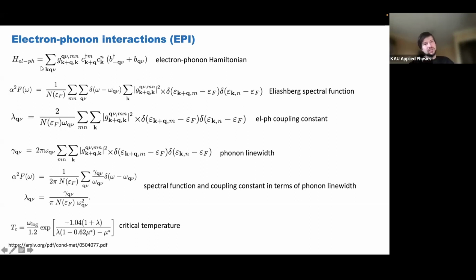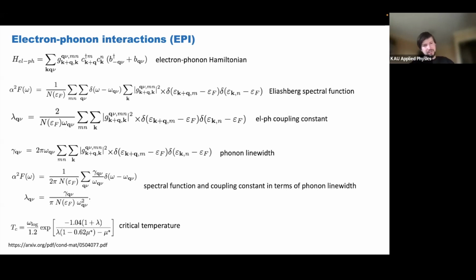So what things can we calculate if we have this electron-phonon matrix? We can get a spectral function. So we can see at which energy or at which frequency we have the highest electron-phonon interactions.